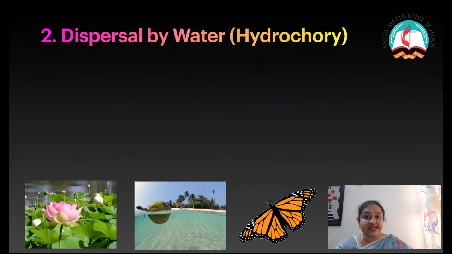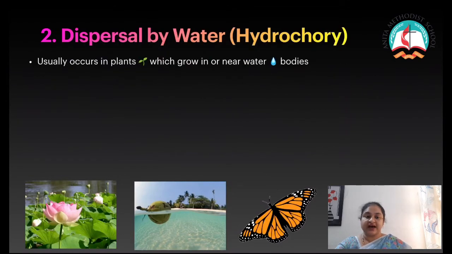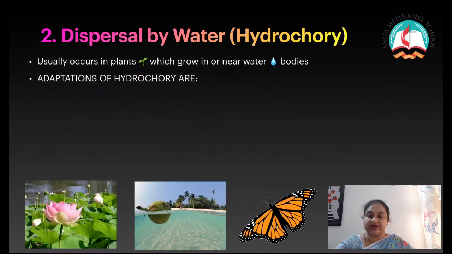The next type of dispersal of seed is by water, which is also called hydrochory. And what are the adaptations of hydrochory?